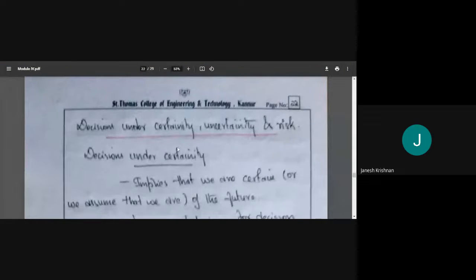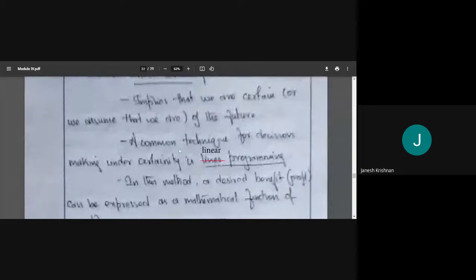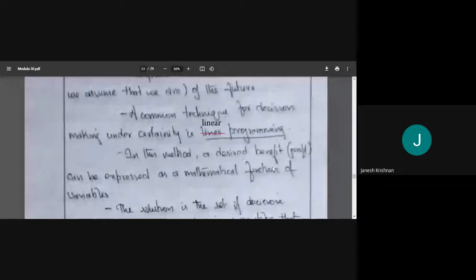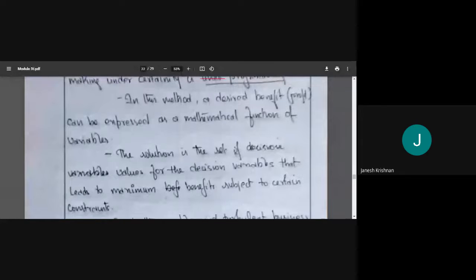So in this condition, the common technique used for making decisions is known as linear programming. Similarly, what we do here is that our profit or benefit is expressed in terms of equations, mathematical functions.